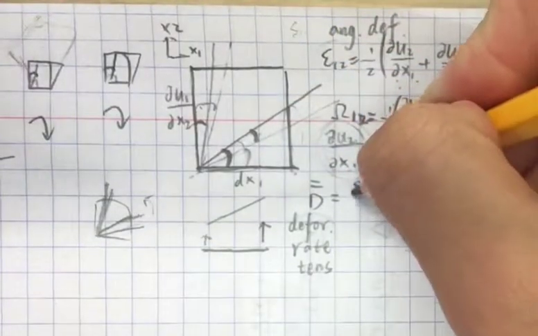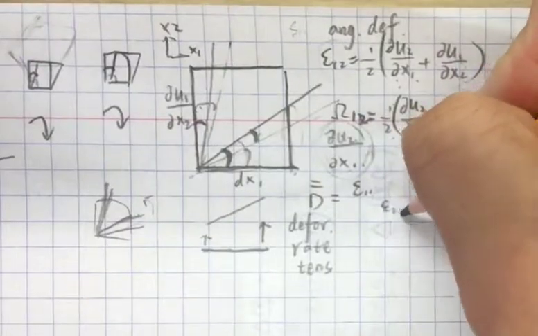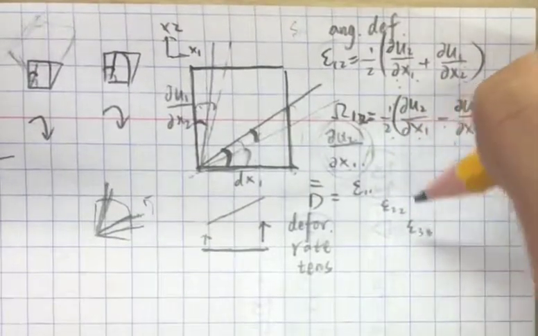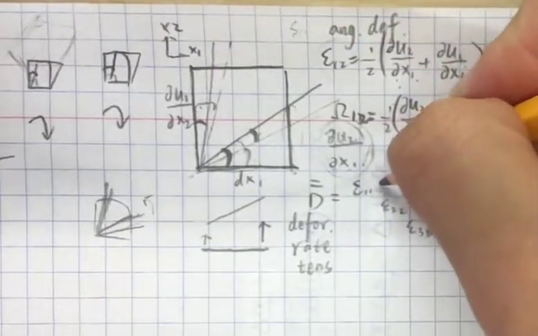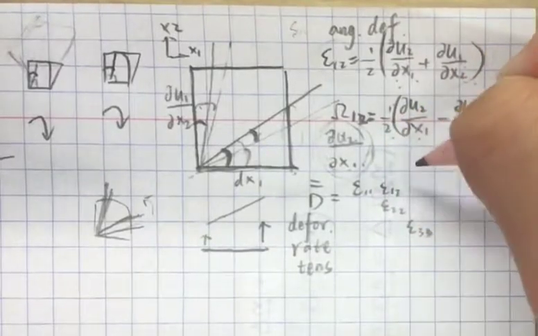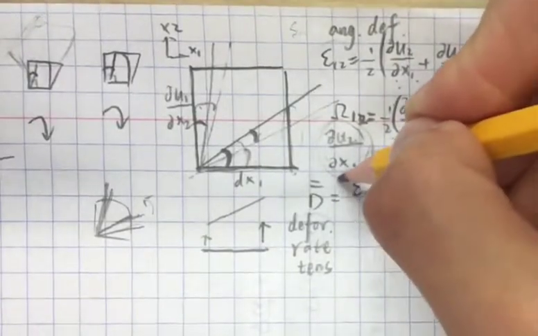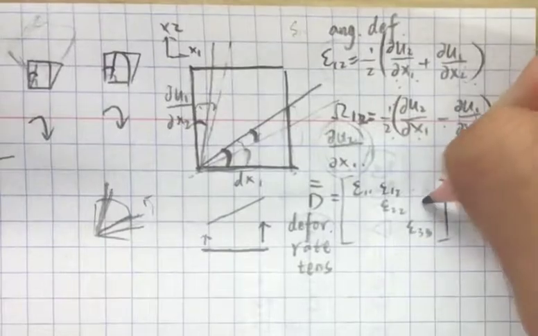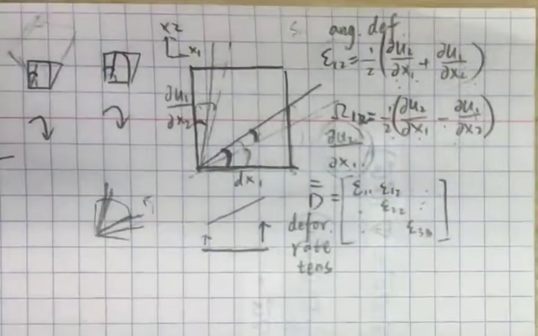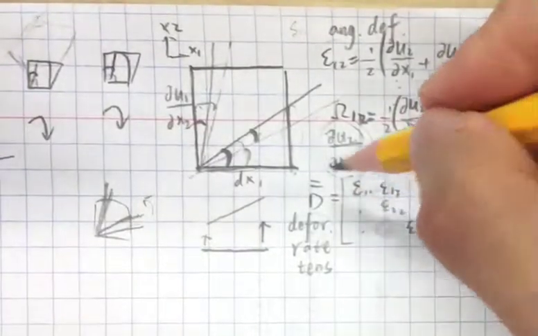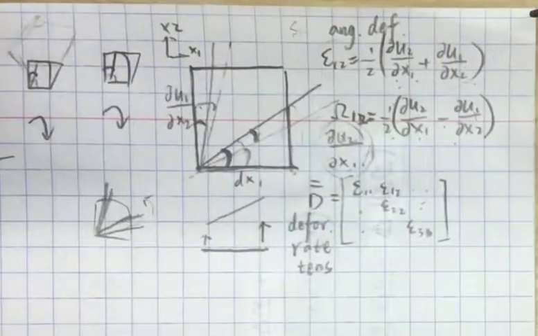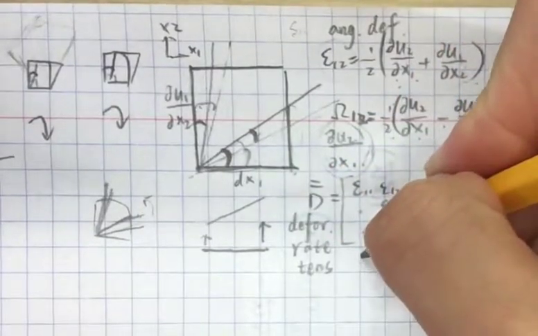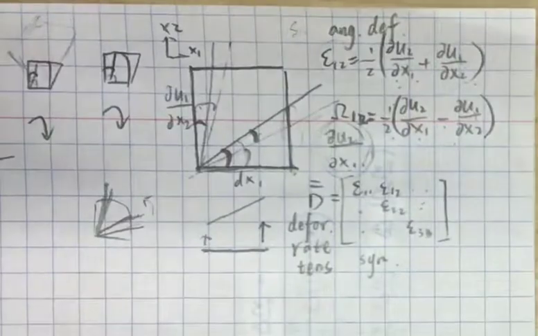So we have linear deformation on the diagonals, and we have angular deformations on the other entries. I won't write them anymore; you get the idea. So this is called the deformation rate tensor, and this tensor, as I have said, is a symmetric one, right?